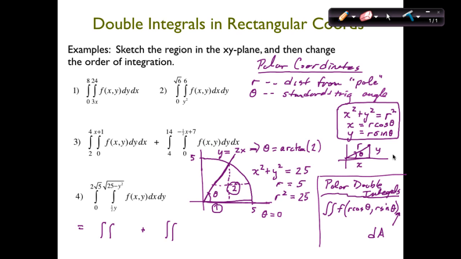We know we have to change x and y into r and theta. Our dA is going to have to do with r and theta, like dr d theta or something like that. So let's take a look at an animation here and see how we're going to think about these double integrals. Any questions about just some of the basics here before I erase? Okay.